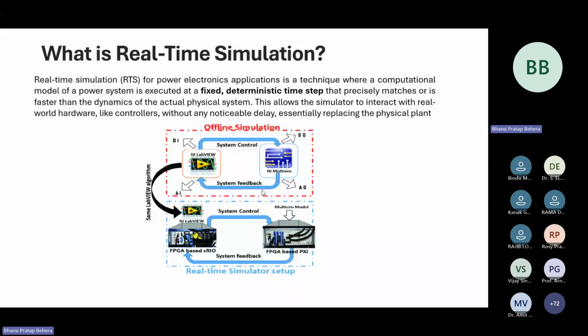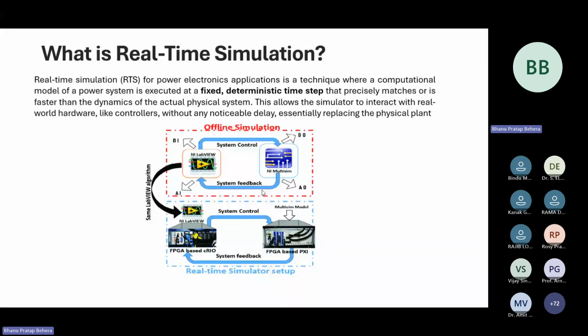When you implement your controller on a physical hardware for which you have designed the controller, before that we should do a real-time simulation to validate and check whether the control logic is going to work in real time on the actual target or not. That will be validated through real-time simulation.